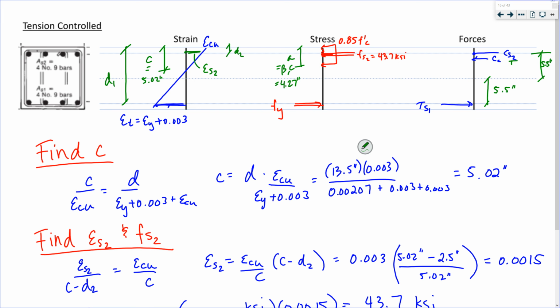C sub C now is acting at 8 inches minus 4.27 divided by 2. Right? H over 2 minus A over 2. So 16 over 2 minus 4.27 over 2, which should give you 5.87 inches from the centroid of this section.